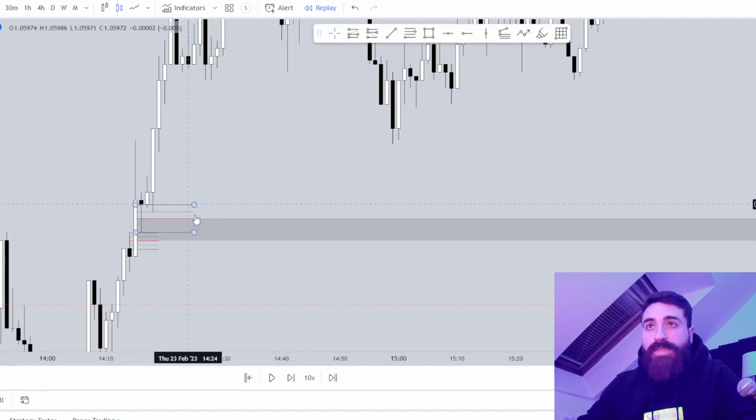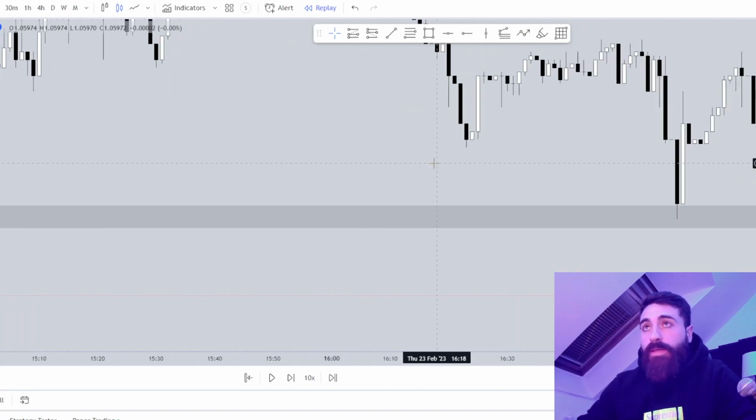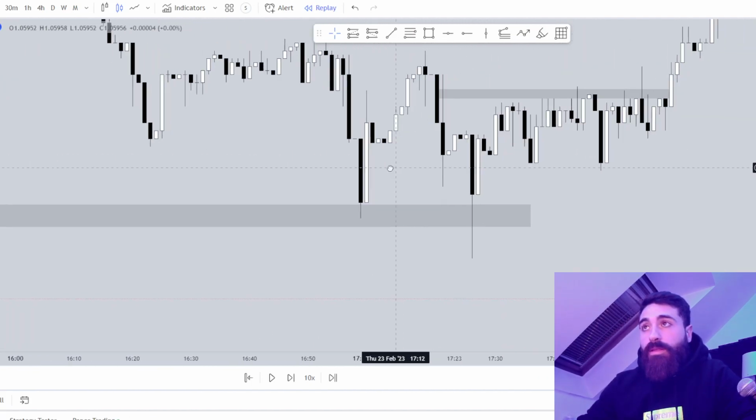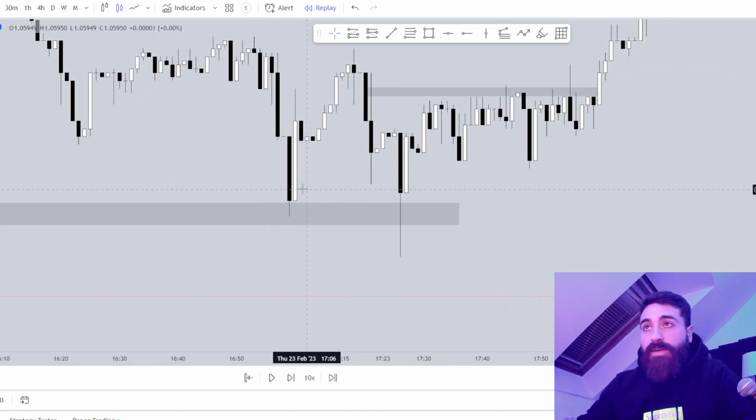Okay, and then we extend this in time, and as we can see right here, the price respects it. The wick, as ICT says, doesn't matter if it goes below it, but the bodies should stay above the mean threshold, which is the mid of this Implied Fair Value Gap. Okay, this is our first example.